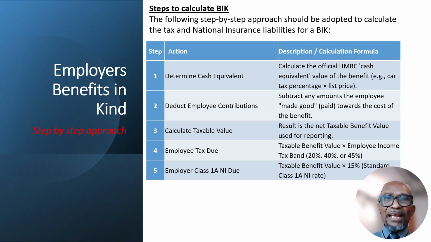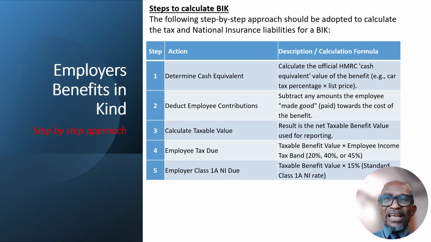Having said that, there are steps you need to follow to arrive at the taxable value. The first step is to determine the cash equivalent of that particular benefit. As I've already mentioned about the car, you have to get the cash equivalent.